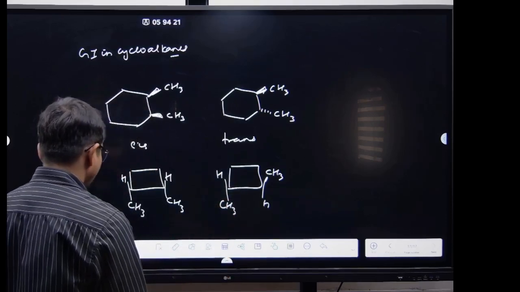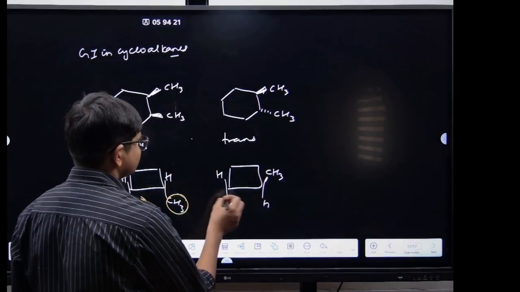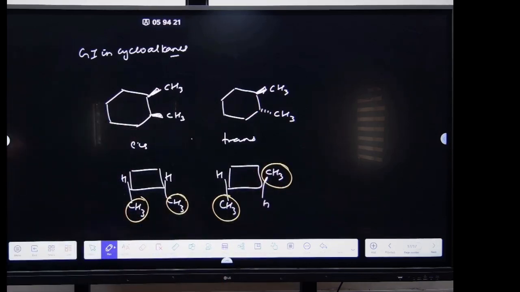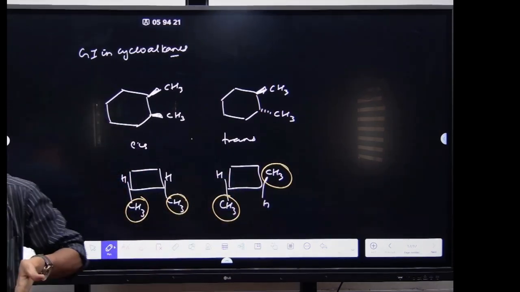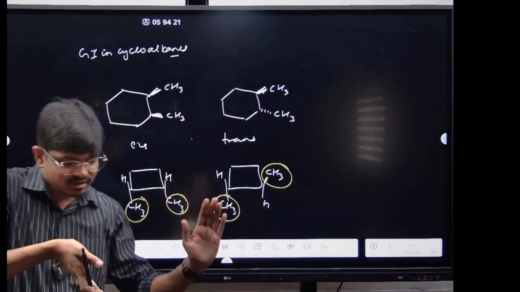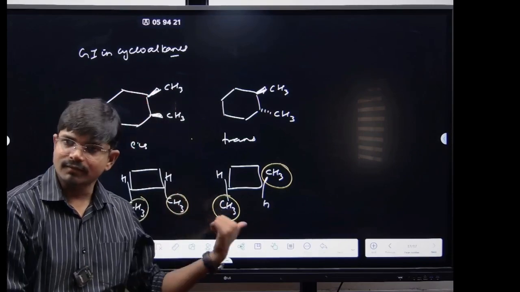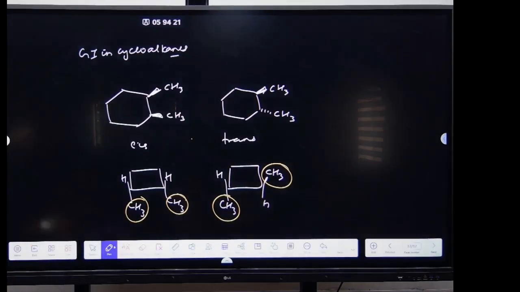So see here, this is basically the cis one, this will have the trans one. You see, these CH3 are in the same direction, whereas one CH3 is downwards and the other is upwards. So both will have different geometry, and hence they fall in the category of geometrical isomerism in cycloalkanes. Got these things?